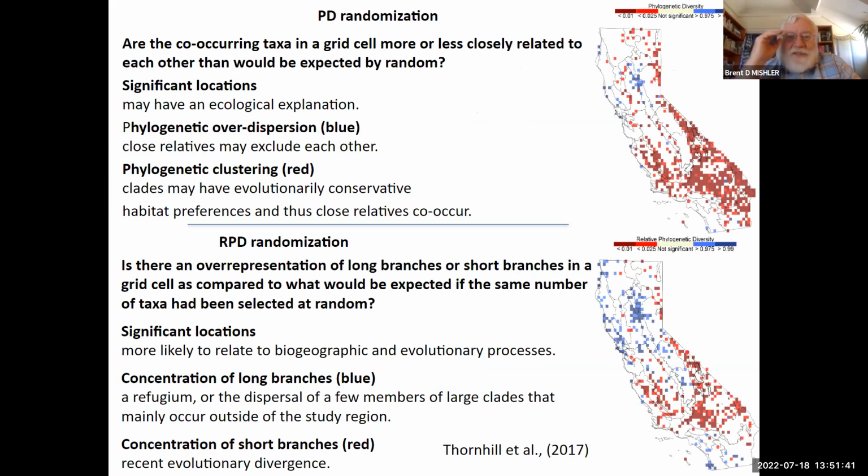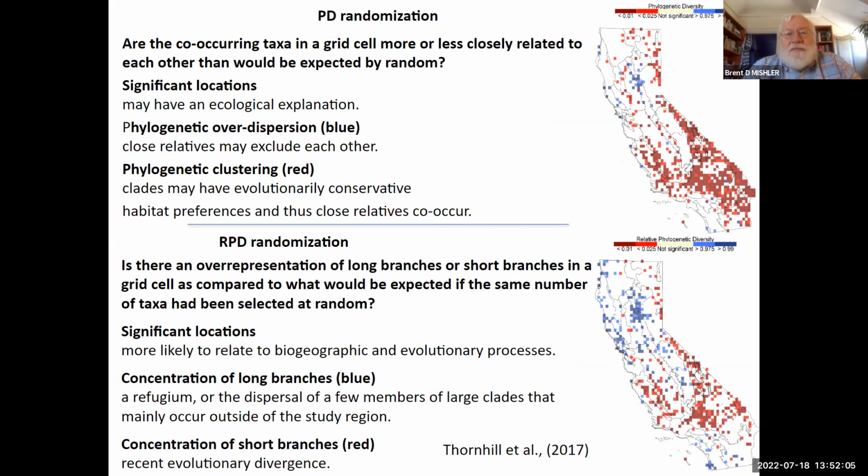When we randomize PD per se, we notice places in California, such as up in the northern Central Valley, you can see there, and along the north coast, where there's less PD than there should be with that number of taxa. And that may have an ecological explanation, may have other explanations as well.